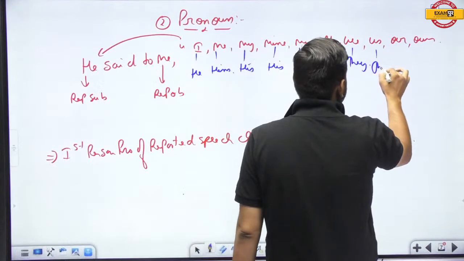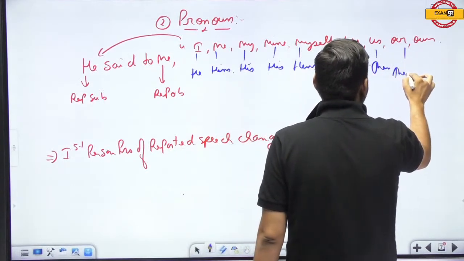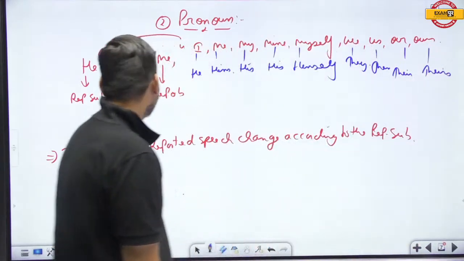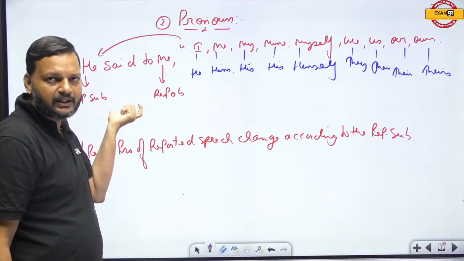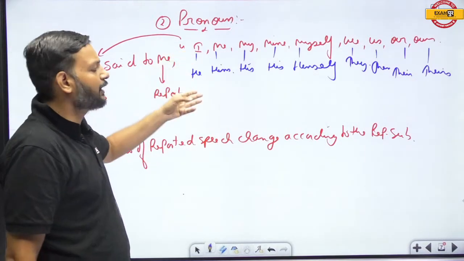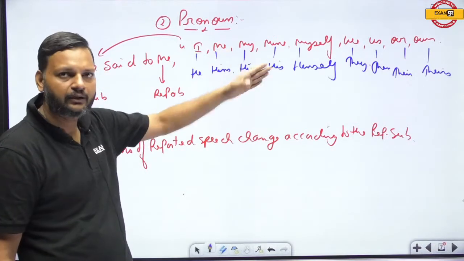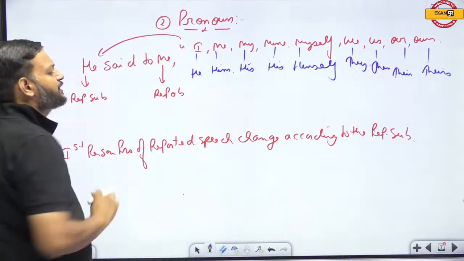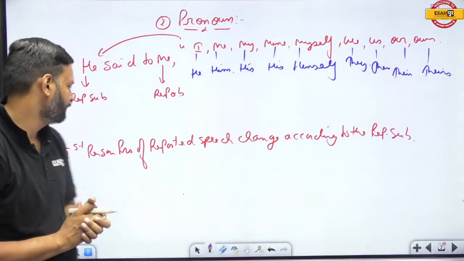Us would be changed into them, our will change into their, and ours into theirs. If it were she as the reporting subject, I would become she, me would become her accordingly. Okay, so the basic idea is first person pronouns must be changed according to the reporting subject.